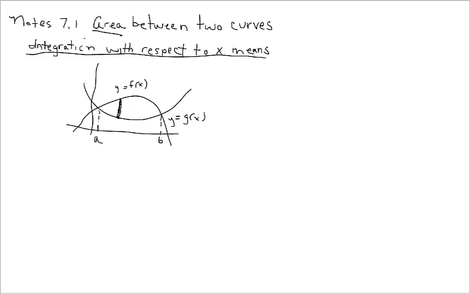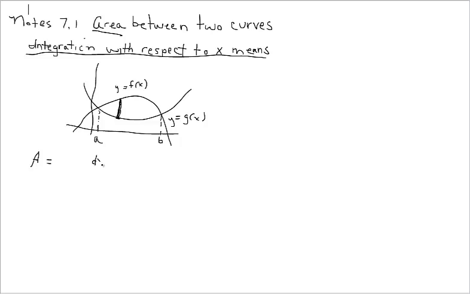Let's get a representation for that area. The area in this rectangle is its base times its height. Well, the base is this horizontal distance right here. We're going to call that base delta x, a change in x, or dx.